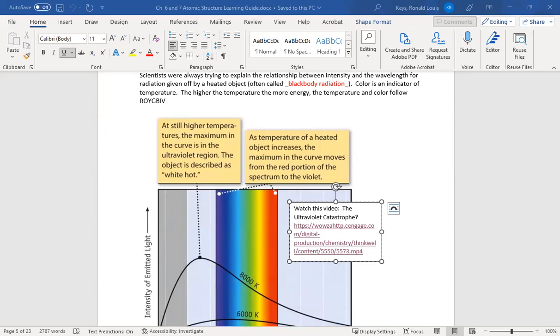Remember we said that this will change as a function of temperature. So if I look at another curve at a higher temperature, the peak will shift and the intensity changes.